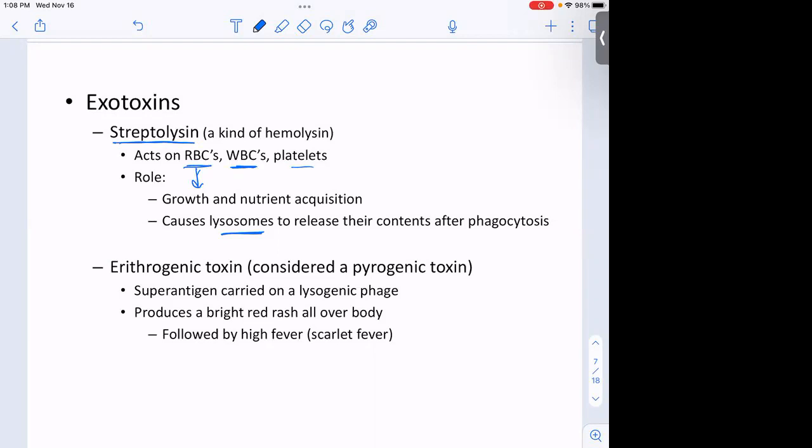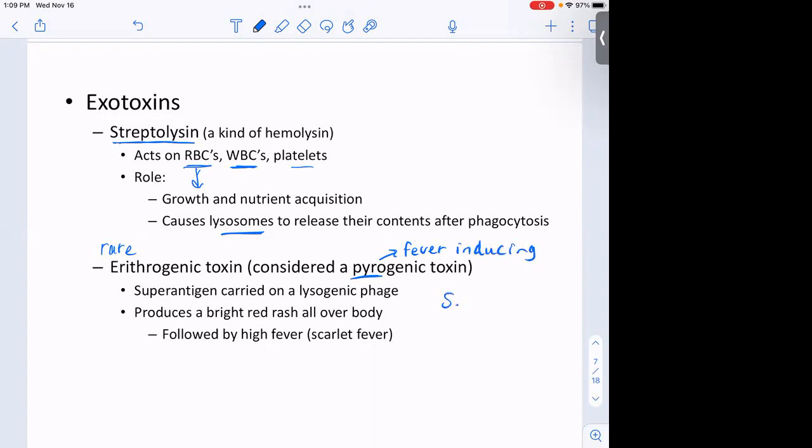Another exotoxin that's pretty rare, but again, this brings into a couple of things that we've talked about before, is this erythrogenic toxin. It's considered a pyrogenic toxin, and that means fever inducing.